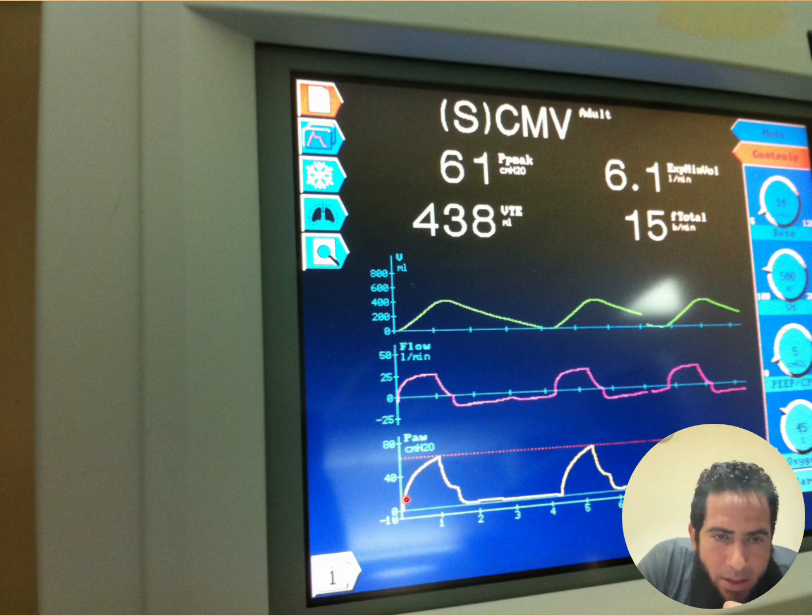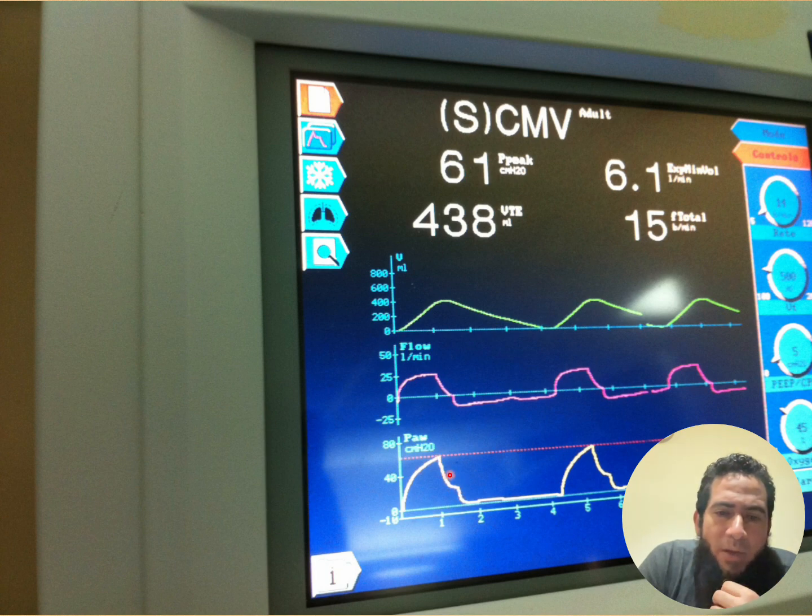So if you come here to see this, the pressure is going up to 61. This is the 40, this is 80, this is 60, so 61. Okay. However, the plateau is only about 20, or even maybe less than 20. So the difference is actually 40 centimeters of water. So that's too much, isn't it?